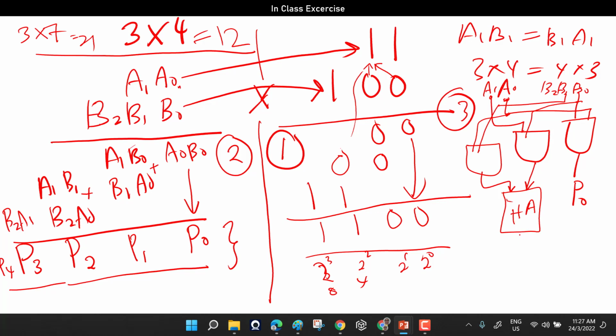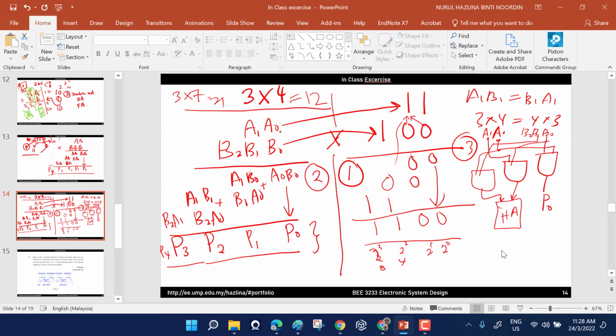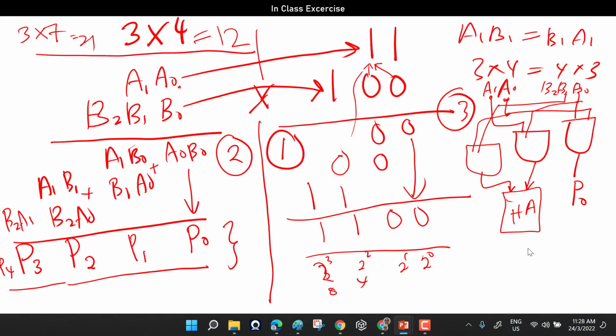The resulting element will be in two terms. One is your sum, which will be your product number 1. The other one is the carry out. Your carry out should be fed into the third element.